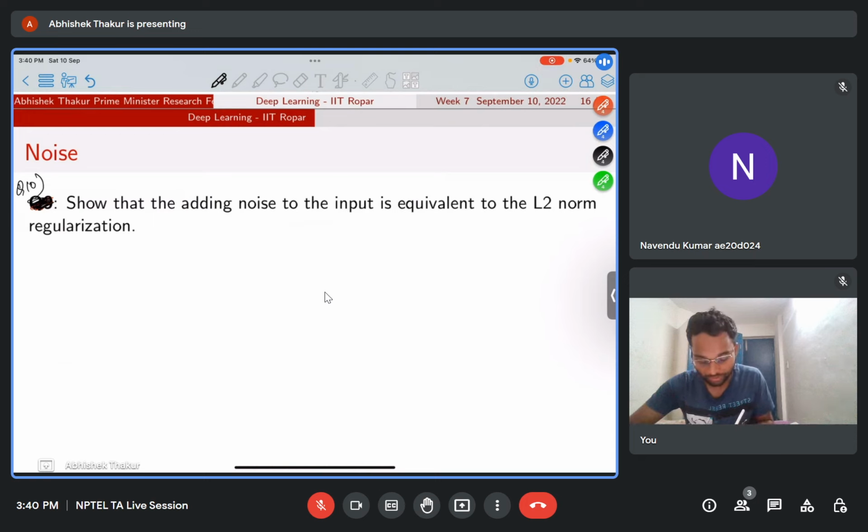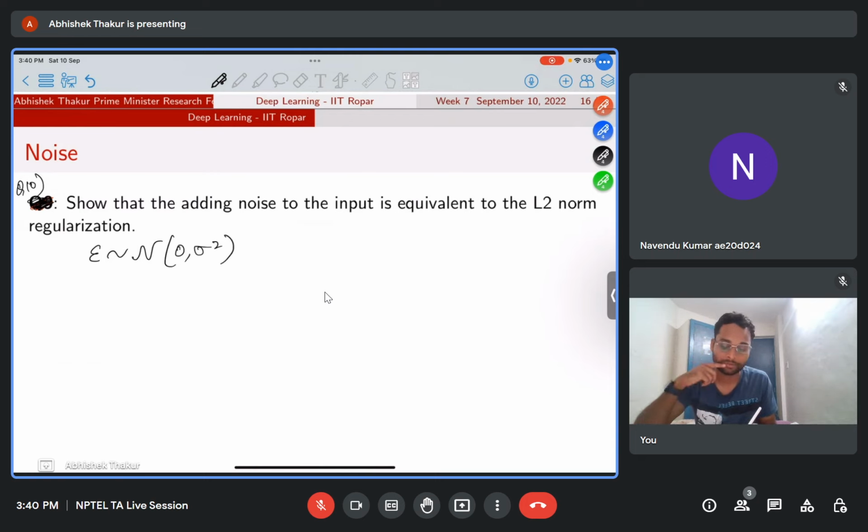So let's suppose the noise is given as a random variable with zero mean and the variance is sigma square. Okay. Such kind of noise is standard normal noise.